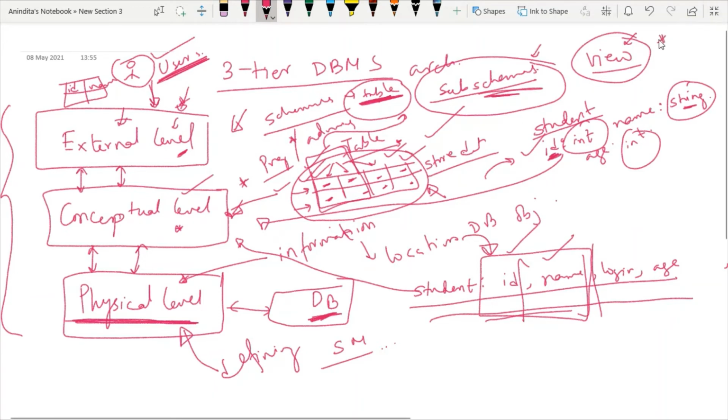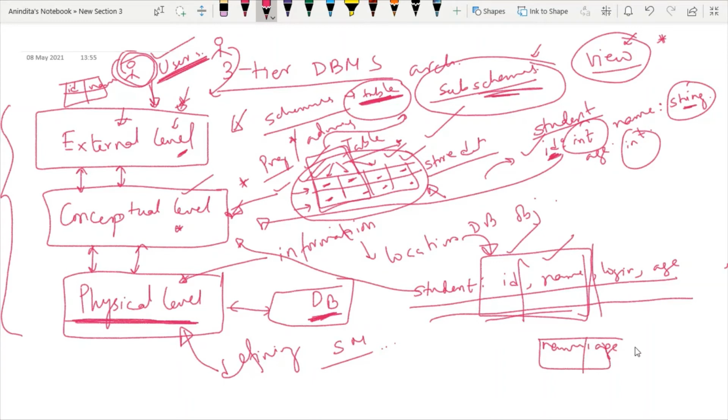What kind of partial information it will show depends on the user's query. If a second user comes and wants to see only the name and age of the student, then these two pieces of information will be shown to user 2 as a sub schema or view 2. So these are the basic concepts.